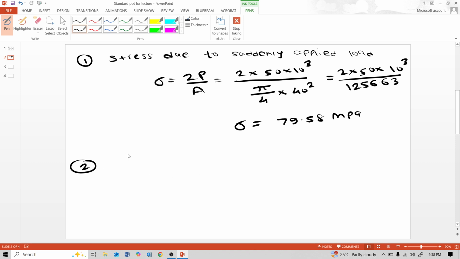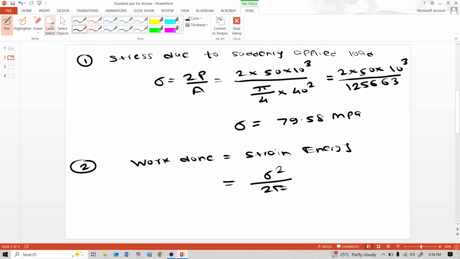And the second step is to find the work done. Work done is equal to strain energy, and the strain energy formula is sigma square upon 2E into volume, and the volume of that circular bar is area into length.